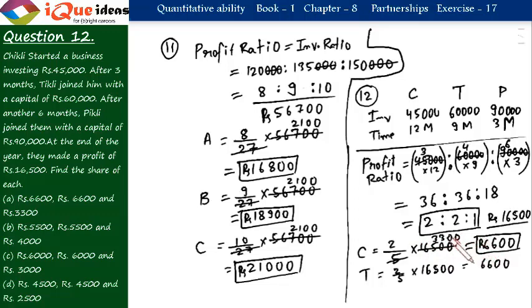We have already done that calculation for Chickly. And for Pickly, it would be 1 by 5 into 16,500. So if we cancel, it will be 3,300. So the profit shares are 6,600, 6,600 and 3,300. All right.